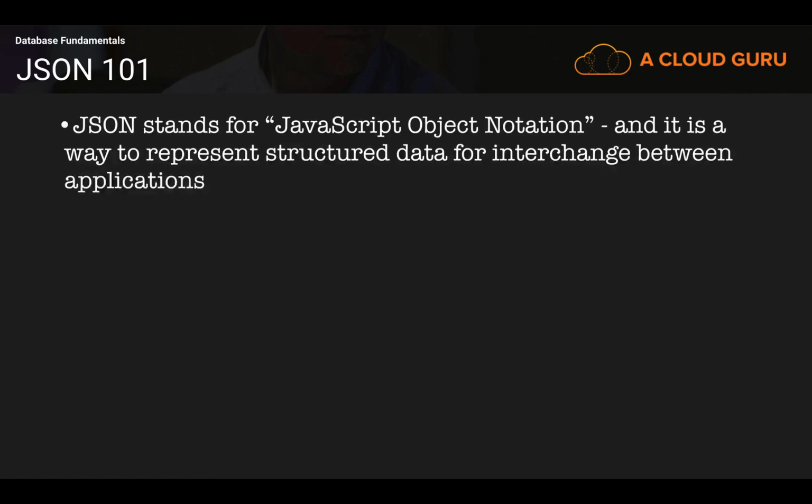So in this lesson we'll learn the basics of JSON, and some students may have covered some of these elements if they've done other studies for AWS such as the associate level courses, or they have wider IT experience. So what is JSON? JSON stands for JavaScript Object Notation, and it's a way to represent structured data for interchange between applications.